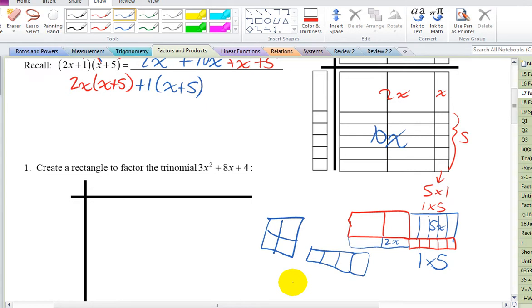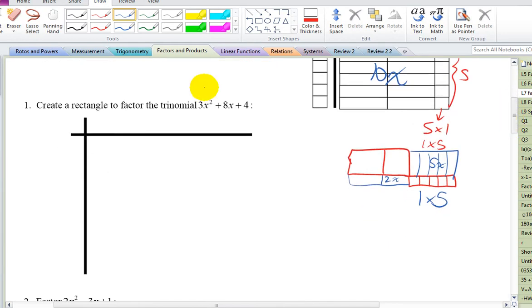So you kind of got 2 things to worry about. Let's not worry about our squares right now. Our big squares, what we're going to look at is how do we arrange our little 1 squares. Okay, so when we're looking at this, we have 3x squared, 8x plus 4. That's where we start with, and we have to figure out what that equals with our brackets. Okay, so let's draw 3x.